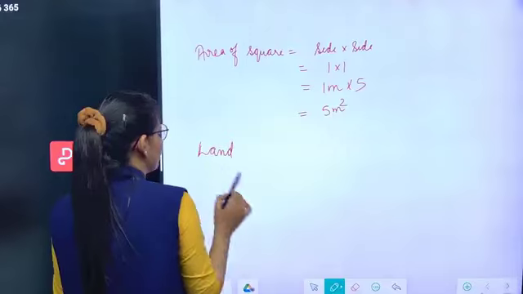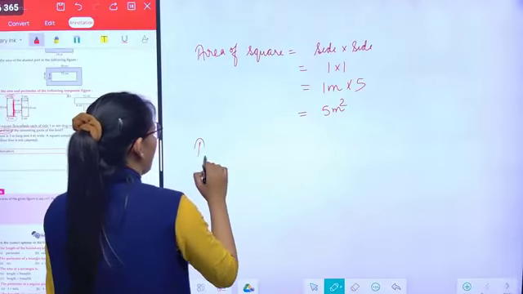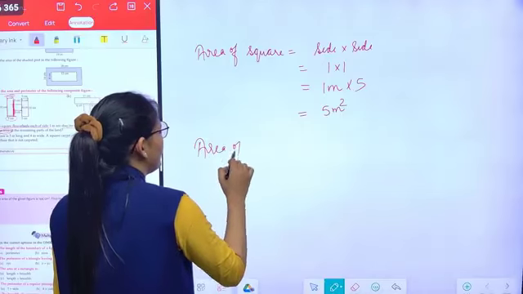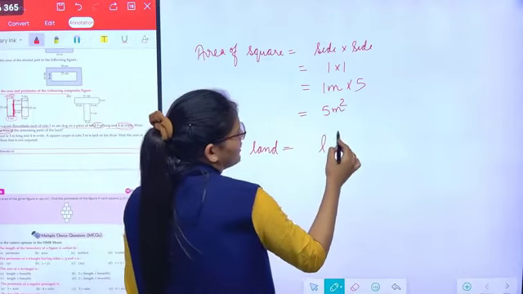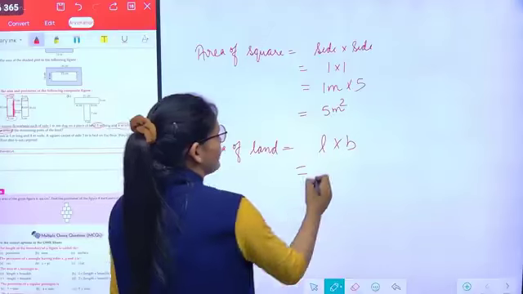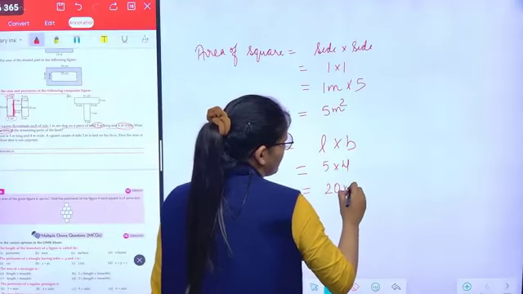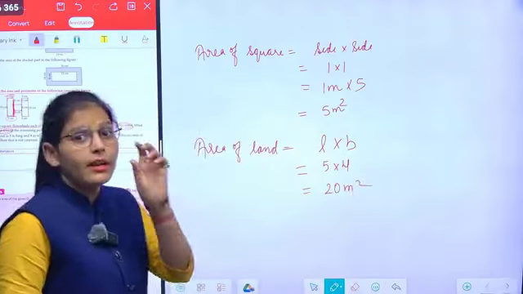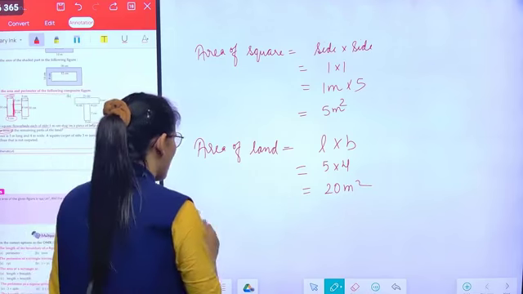Now area of land is equal to length multiply by breadth. Length we have 5 and breadth we have 4, that is 20 meter square. Now class we have to find the remaining part. What is the area of the remaining part?